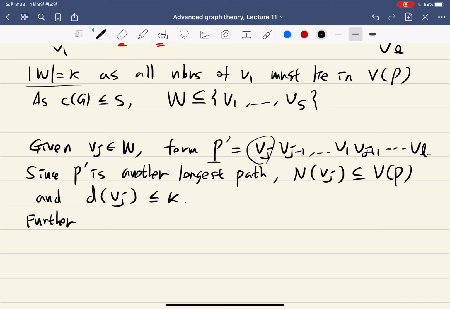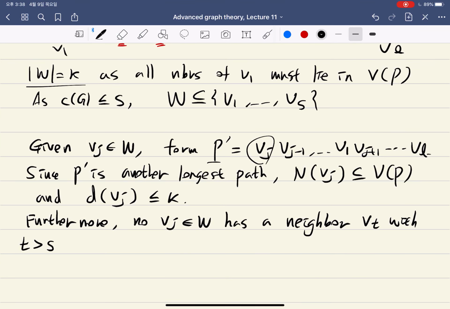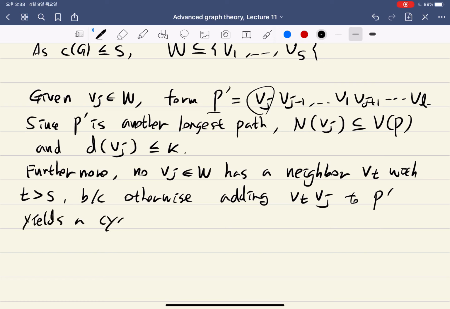Also, furthermore, no Bj in W has a neighbor Pt with, say, t bigger than s, because otherwise, adding Pt Vj to P prime gives a cycle of length more than s.